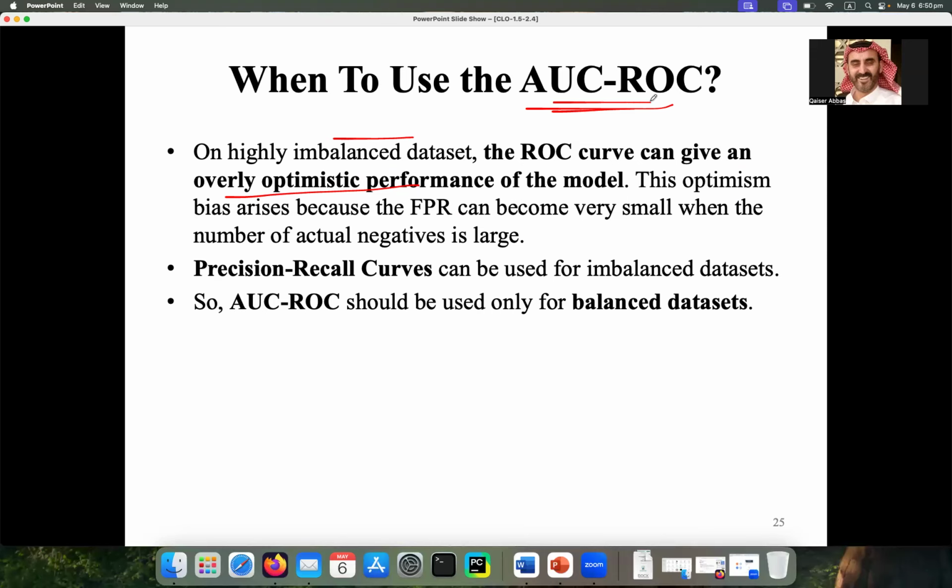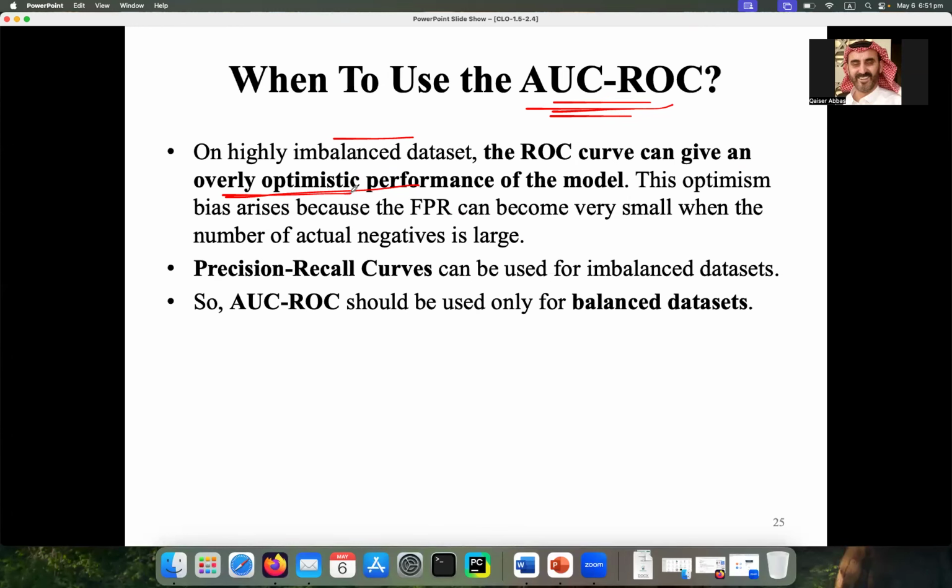If the data is imbalanced and you are getting the visualization through this auc-roc, what will happen? It will give you overly optimistic performance of the model. What does it mean? For example, some person can be overconfident. The same meaning applies here. The auc-roc will give you overconfident results that were actually not correct.